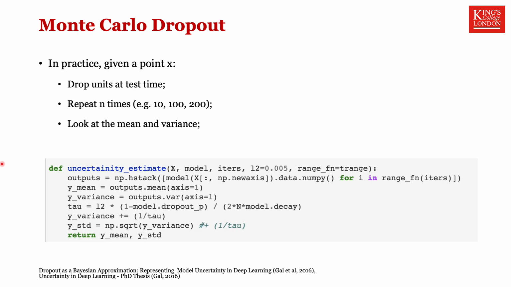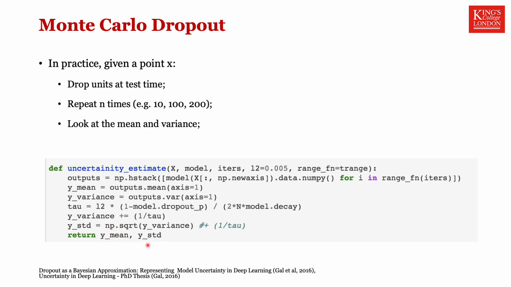This is exactly what I've been saying for a while. So you see the code to do uncertainty estimation is actually really, really small. You just have a model, you have an input data x, you have a number of iterations that you want to apply, and you have some options which you might want to use. And what you do is you do a for loop over a certain range, and within this for loop you're going to calculate the mean of those outputs, you're going to calculate the variance of those outputs, and then you're going to pass them through a function, so you end up with a mean and a standard deviation.